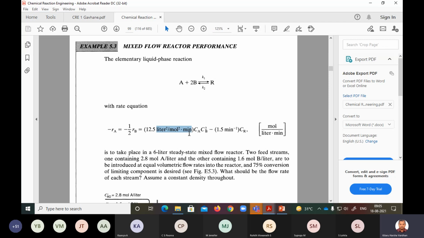So that is the forward rate, k1 CA CB square. And minus 1.5 minute inverse CR is the backward. So the forward reaction is third order, and the backward reaction from this is first order, correct? Because minute inverse will come only for the first order. So Ra has a unit of mole per liter per minute, right?